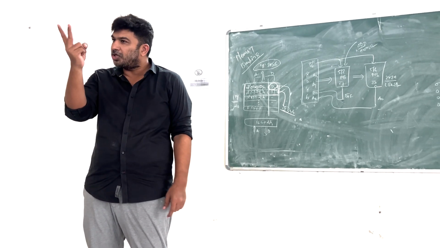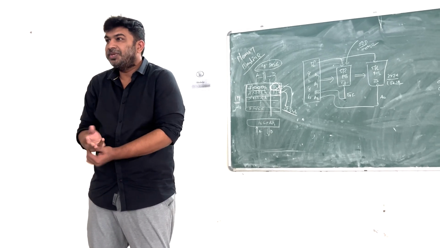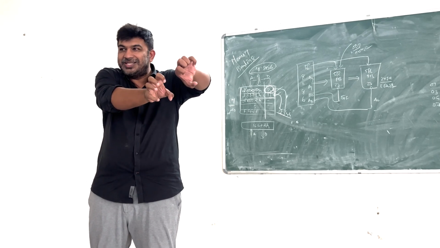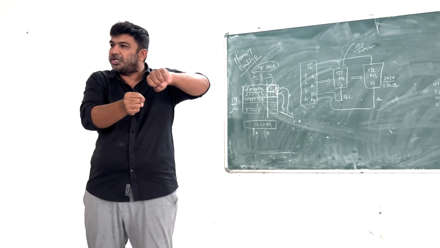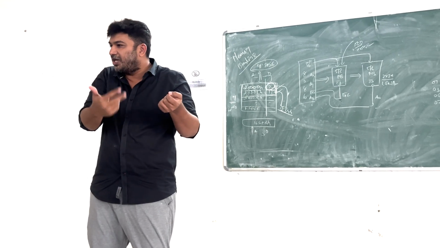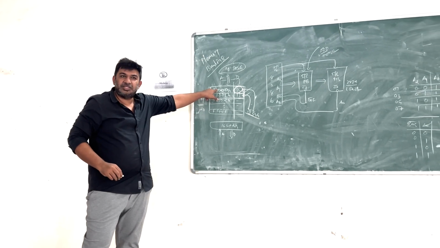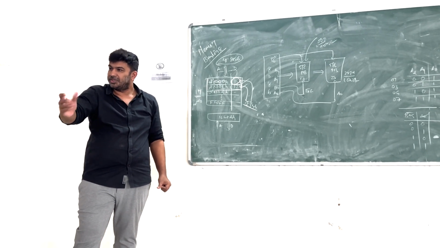Now you require 2 clock cycles to perform a 16-bit operation. I want 2 locations at the same time, but you can't access 2 locations at the same time because the address bus can carry only one address. You can access this or you can access this, but both cannot be accessed together. Problem is clear?